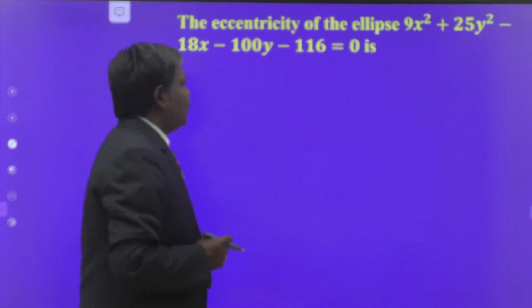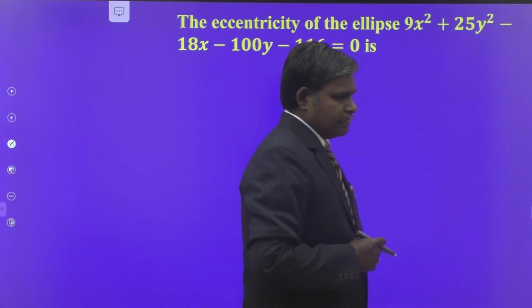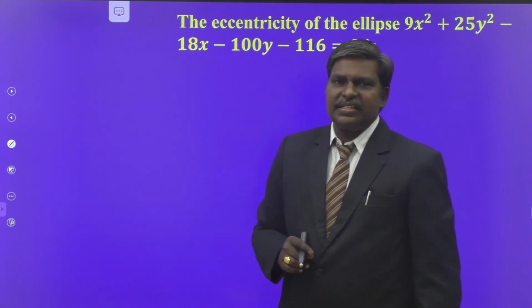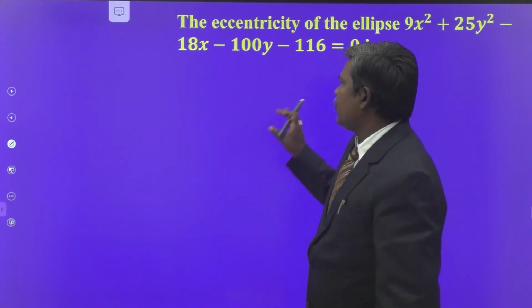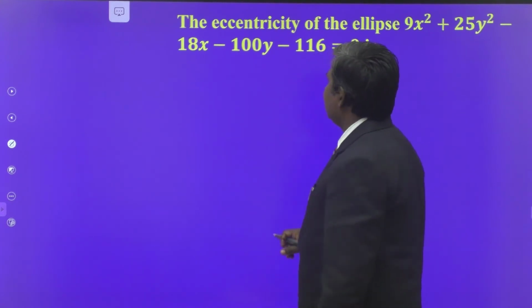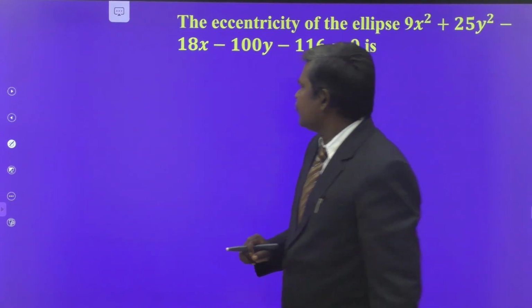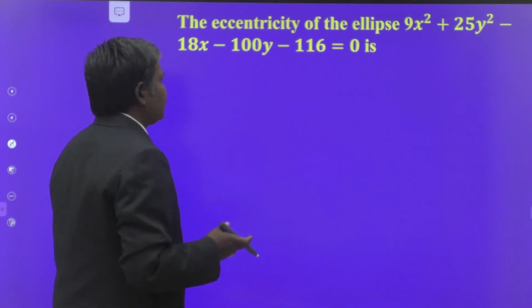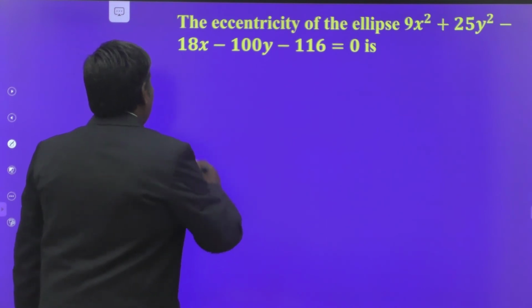Next one. The eccentricity of this ellipse is what? You can write the standard form and easily write the eccentricity, but to give a shortcut form, that is why I am writing this question. The eccentricity of the ellipse you have to find out: 9x square plus 25y square and something.